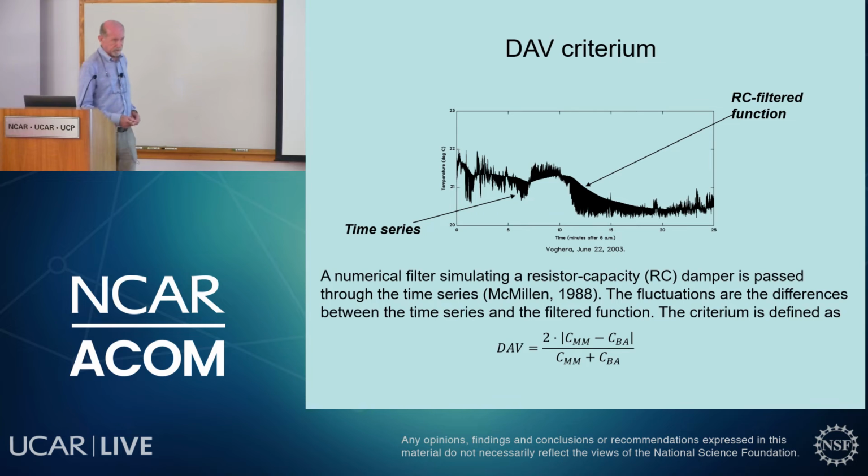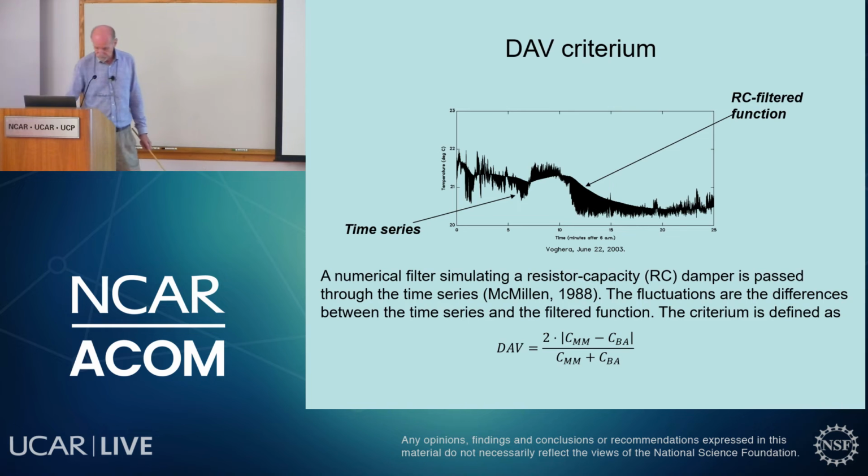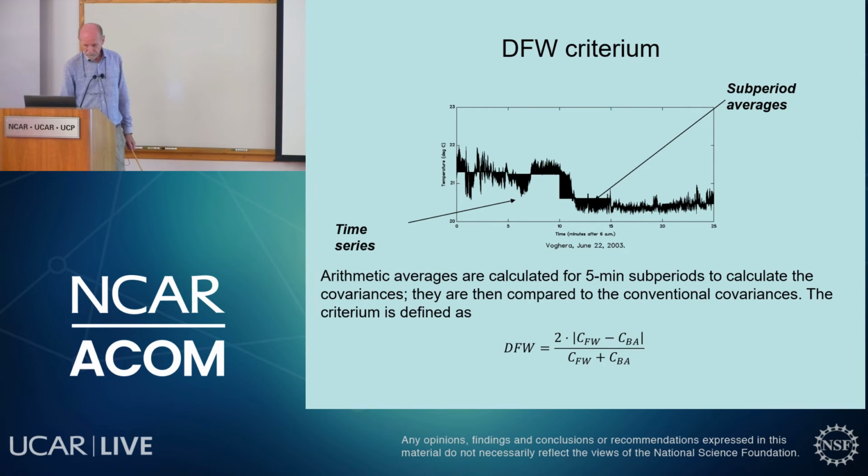Because the difference between the covariance obtained by this filtering and obtained by block averaging can be considered as a measurement of non-stationarity. And this criterion is very similar to the one which has been introduced by Foken and Wichura in Germany.